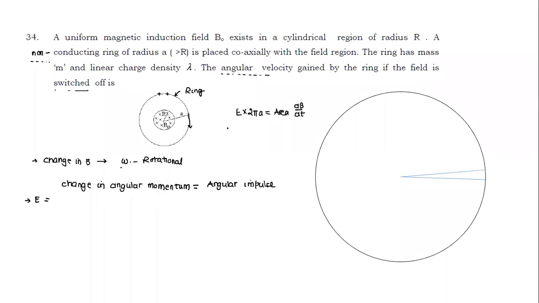Since a time interval is involved, I can write area into delta B by delta t. That's the field. So what is delta B here? Delta B is the change in magnetic field, you're just calculating the magnitude, which is equal to B naught. So this is the field, and I can calculate it here.